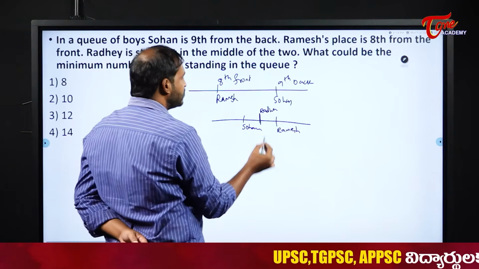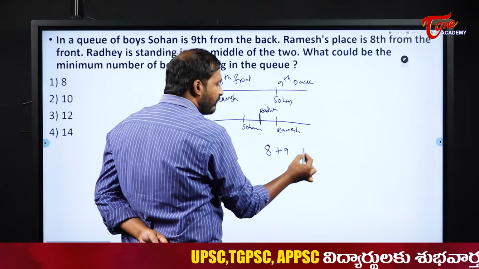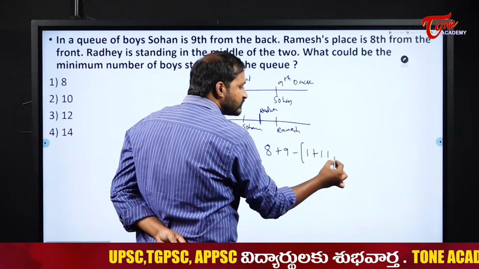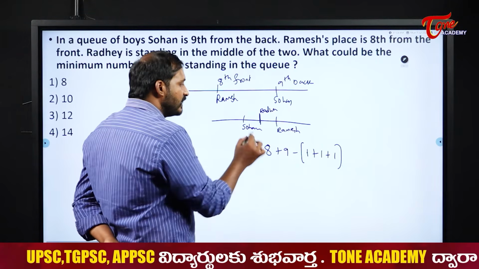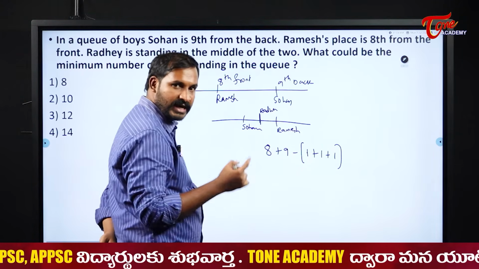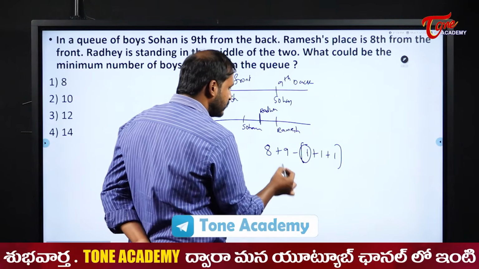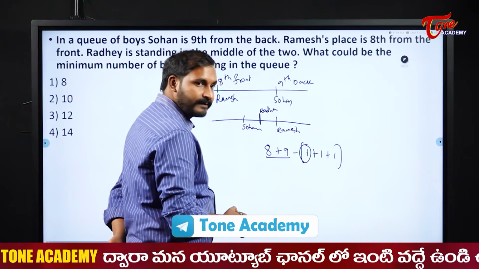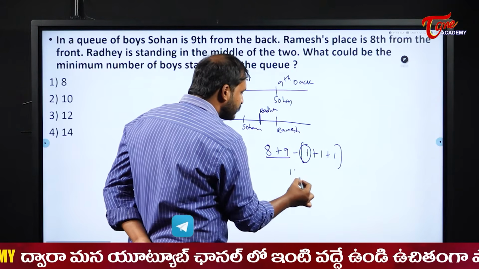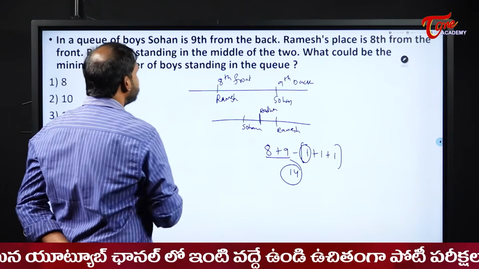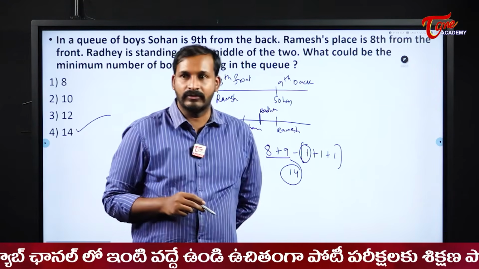So what will be my answer here? 8 plus 9 minus 1 plus 1 plus 1. Why? One is Radhe, one for Sohan, one for Ramesh. Earlier I told you about the number of persons between them. So 8 plus 9 becomes 17, 17 minus 3 becomes 14. So there are 14 people in that row.